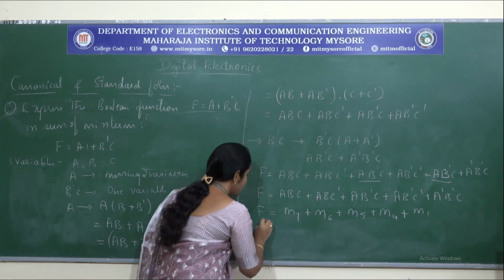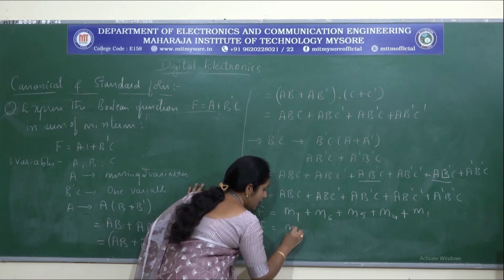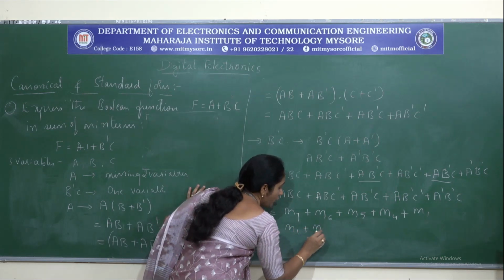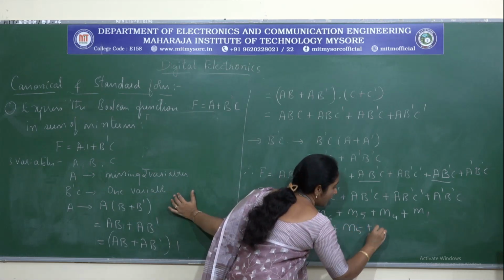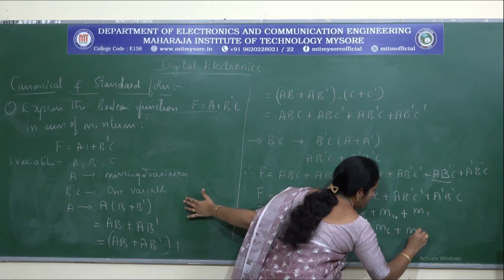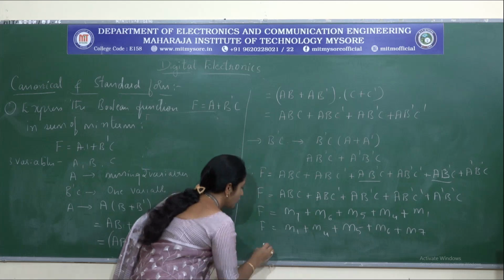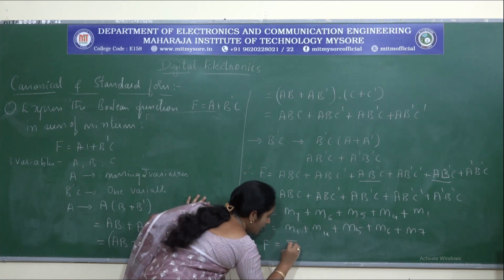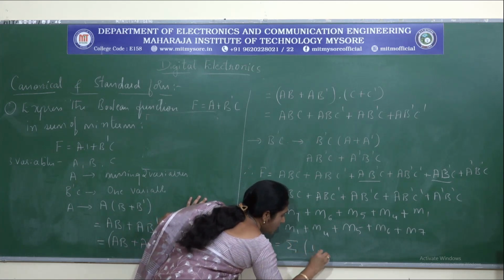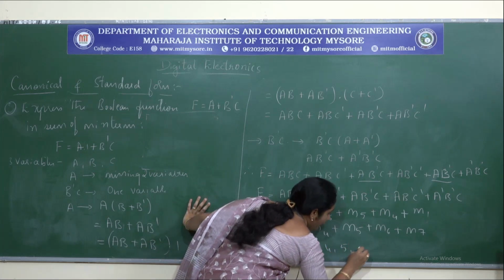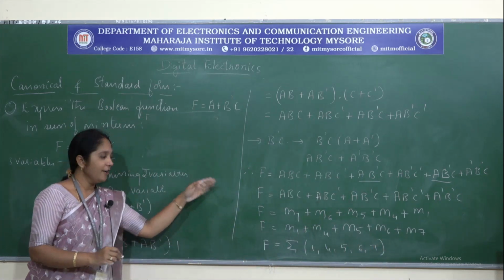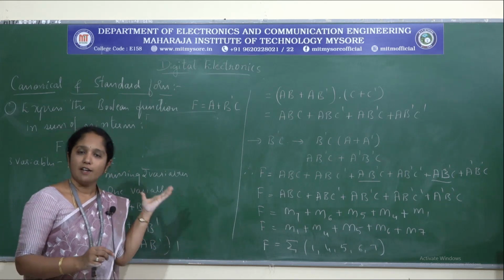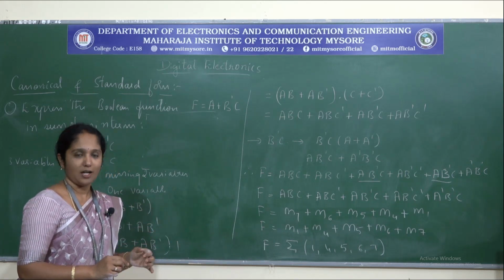You can rearrange in increasing order because we usually write in that format: M1 first, next M4, M5, M6, M7. It can also be written using the summation notation as sigma of 1, 4, 5, 6, 7. This is how we convert a given standard function into its canonical form.